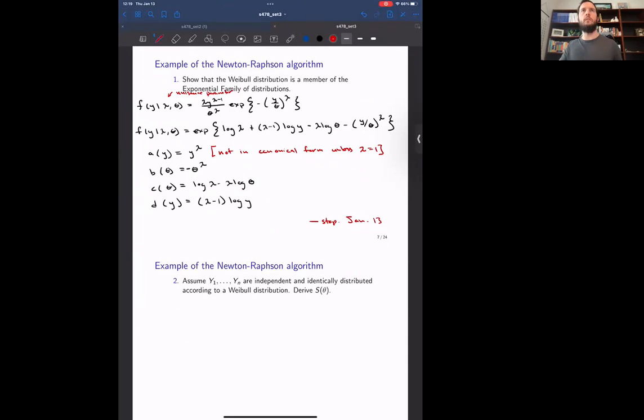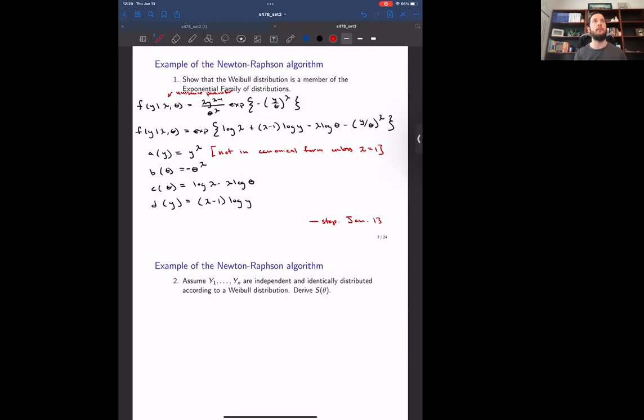The rth moment is the expectation of y to the power of r. Oh, I understand what you're saying, because of lambda, you'd have y to the 1, y to the 2, y to the 3. Yeah, I think that would work out. You could check it. Cool, I was just curious. No, it's a good question.